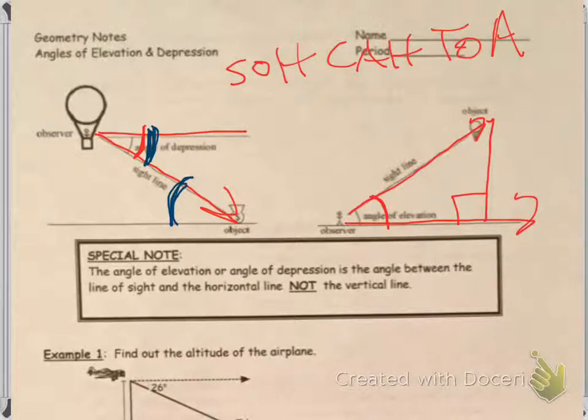So the angle of depression up top is the angle of elevation down below, and now I can draw a triangle. Remember, the angle of depression is the same as the angle of elevation. So thus you go from there to solve.